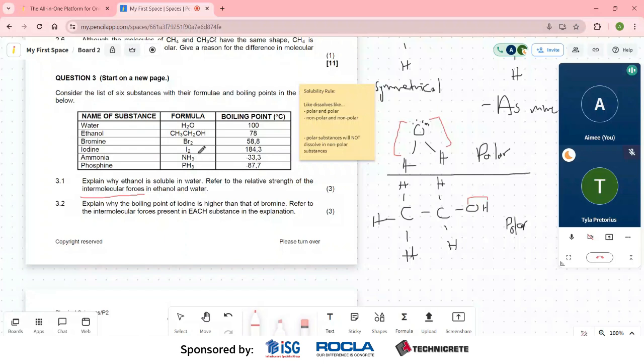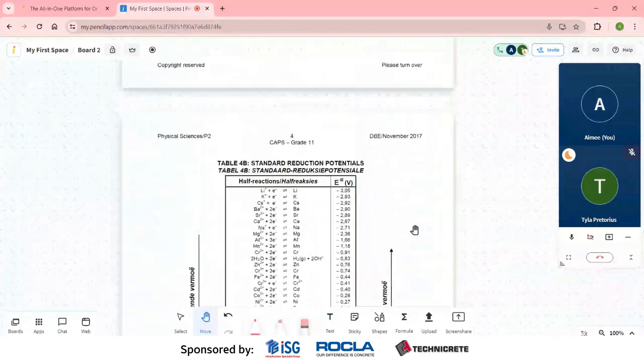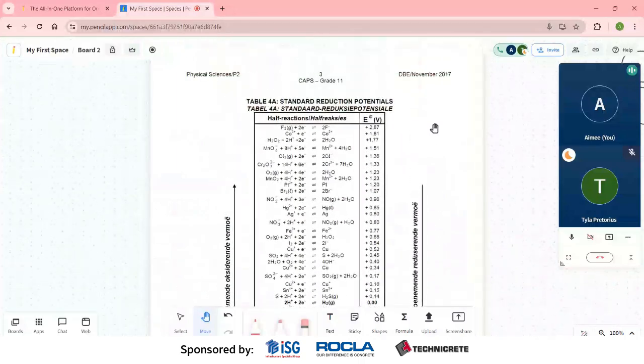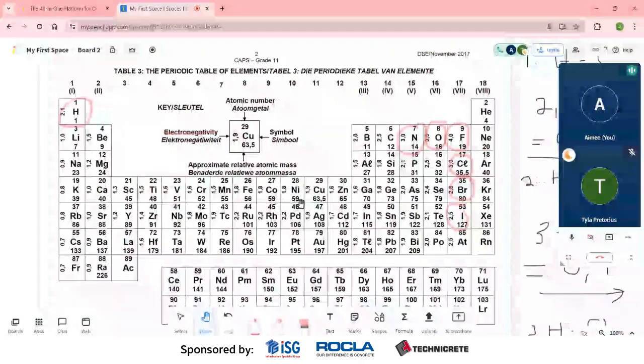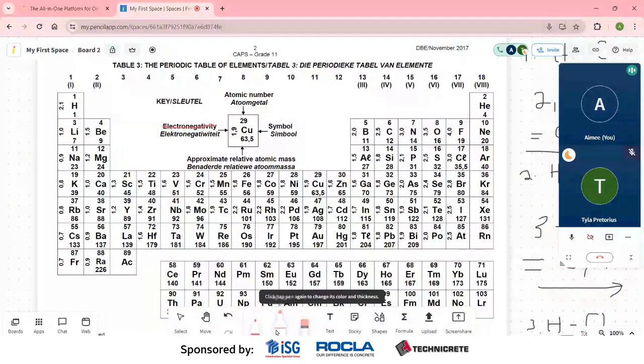The one thing that you need to do is go and check your periodic table, because one of the key indicators of different boiling points is molecule size, molecular mass. Usually molecules with larger molecular masses have stronger intermolecular forces. So if we have a look, here's bromine and here's iodine.